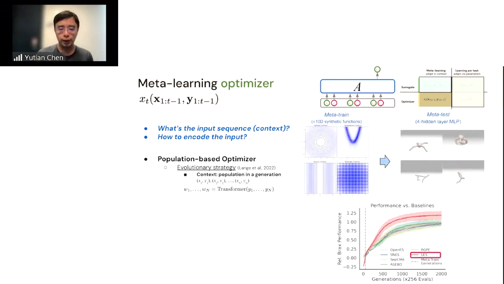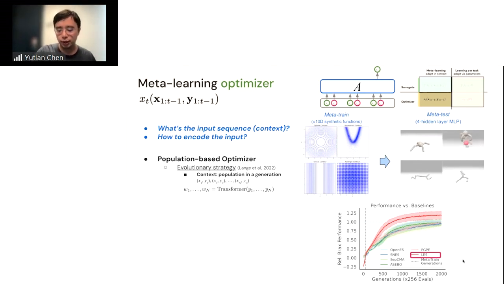When trained on some synthetic functions with up to 10 dimensions, we find this optimization algorithm is able to generalize to optimize hundreds and thousands of parameters of a neural network that is used to control many RL optimization tasks.